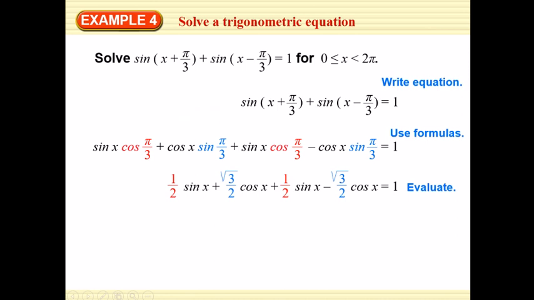Alright, so when we go ahead and write out the next line, replacing sine of pi over 3 with radical 3 over 2, and then the cosine of pi over 3 with 1/2 using our charts, then we can go ahead and combine our like terms.